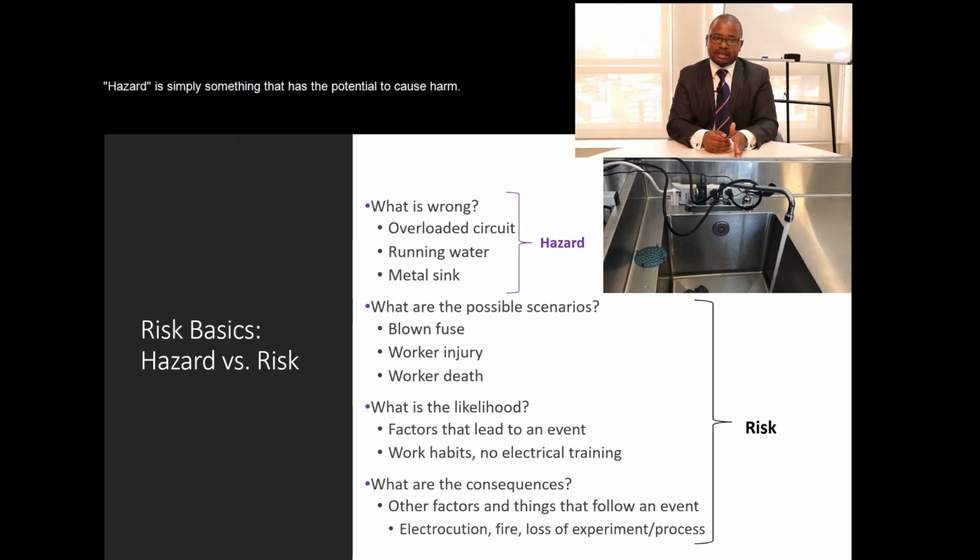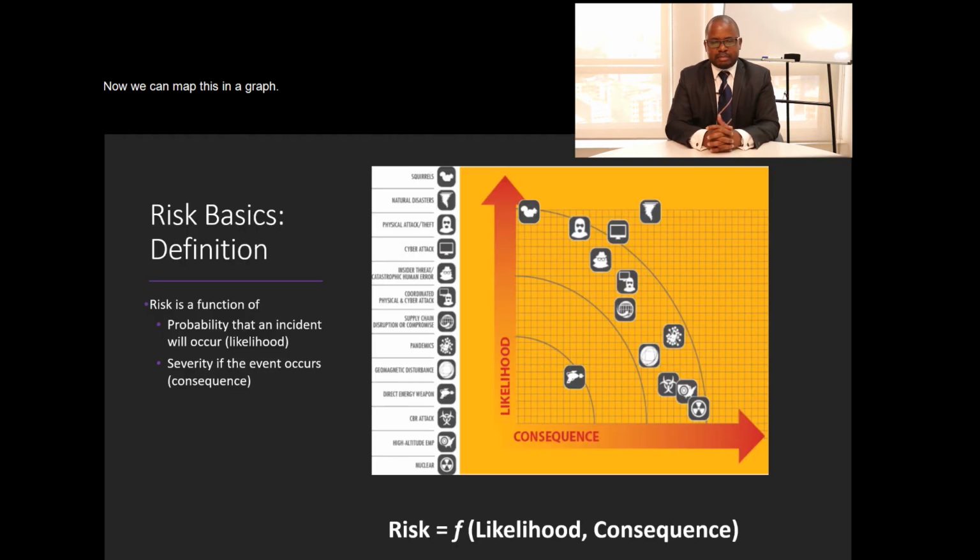Hazard is simply something that has the potential to cause harm. Now, we can map this in a graph. Risk is a function of an incident occurring and the consequence that the incident would result in.